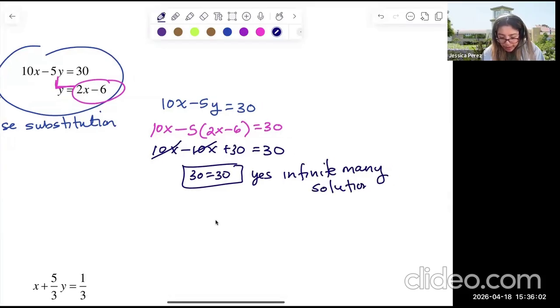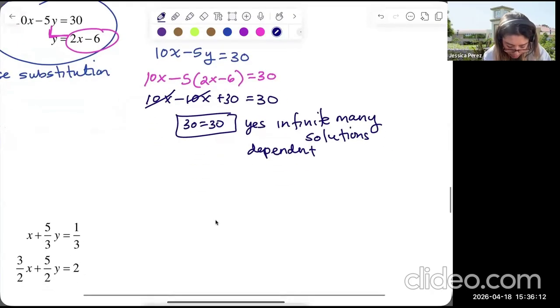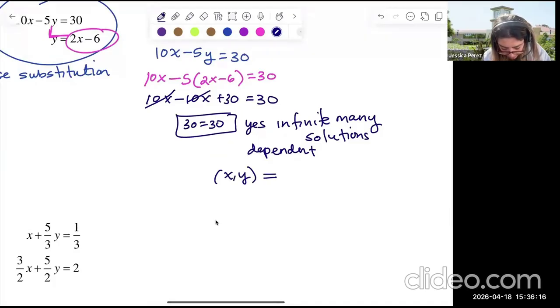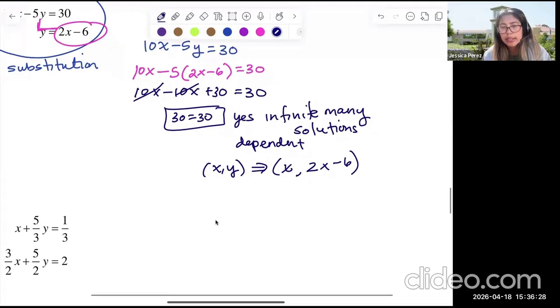If you have infinitely many solutions, this is a dependent system. If this is a dependent system, you are able to have this equation. The solution is x comma y, but everything should be in terms of one variable. So it should be x comma 2x minus 6, because that gave you that independence. So whatever value of x you choose, you will always get the same solution.